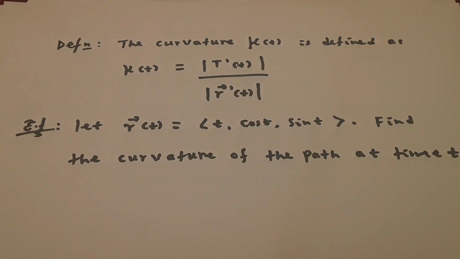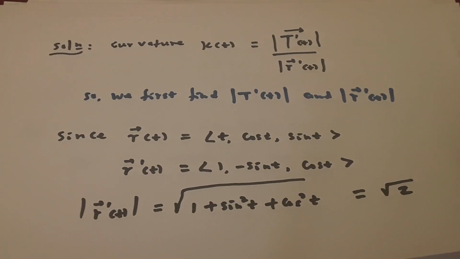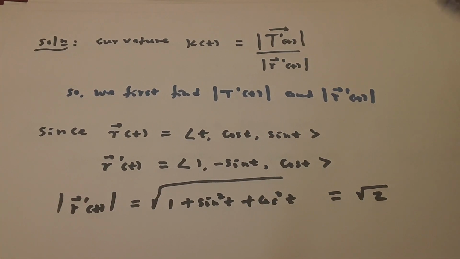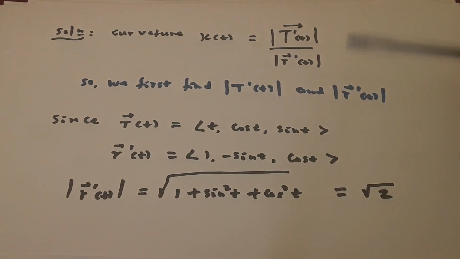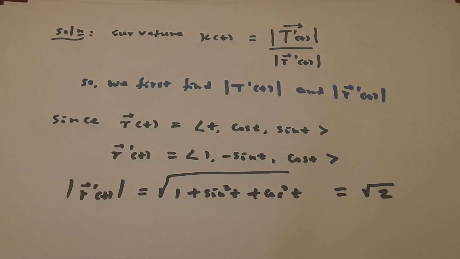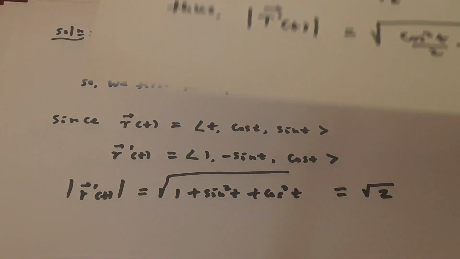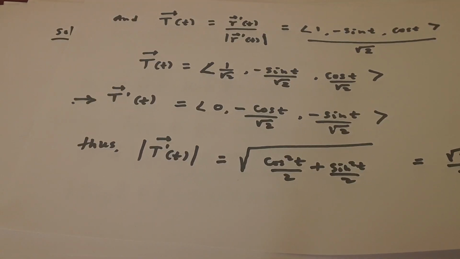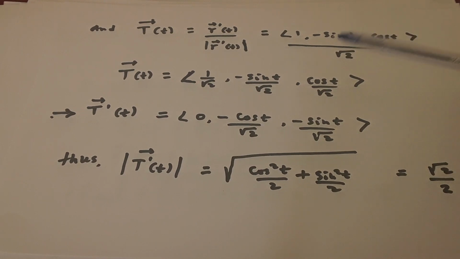So at any time t, we have the definition of the curvature, T prime of t over r prime of t. We first find r prime of t using the derivative. Again, its magnitude is there. Again, T of t is r prime of t over its magnitude. Everything is very simple. I skipped a big chunk of this work. It's so simple.